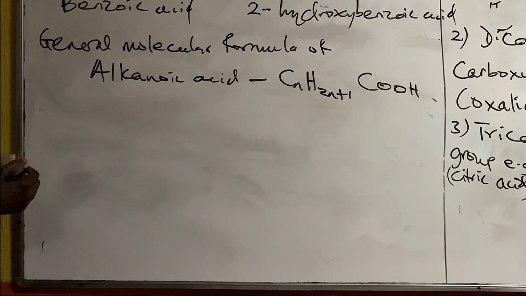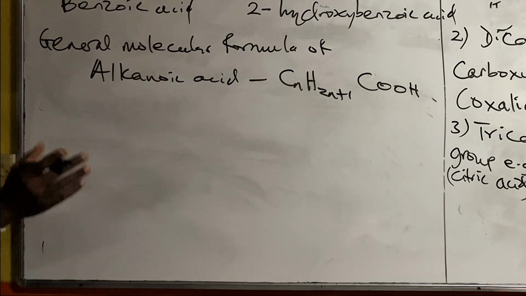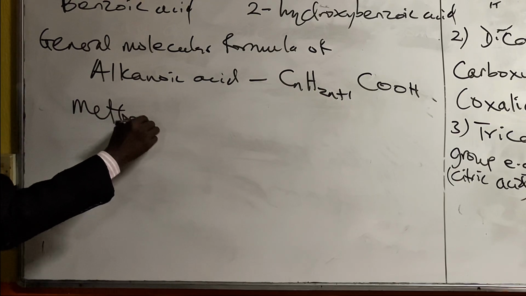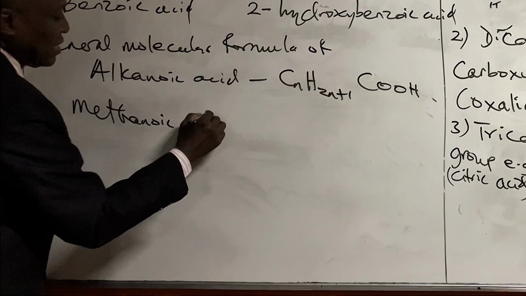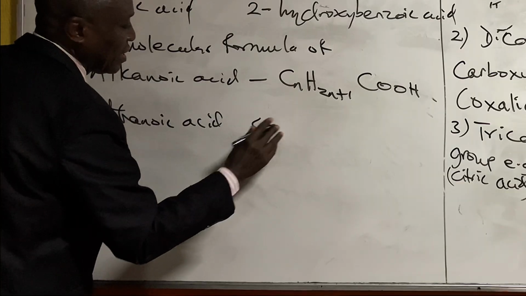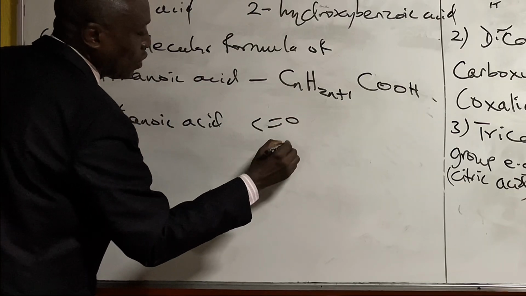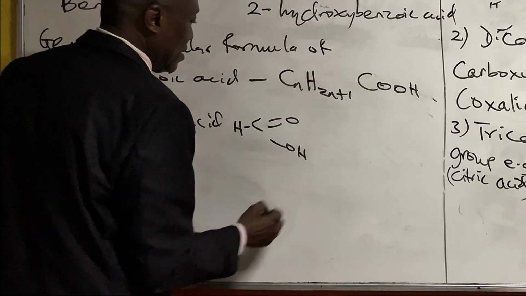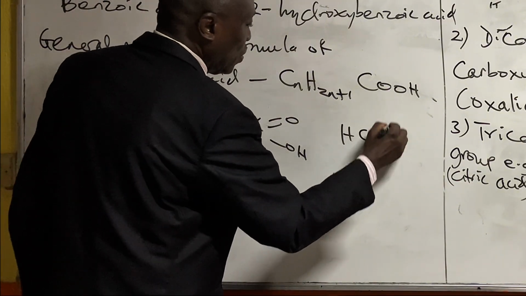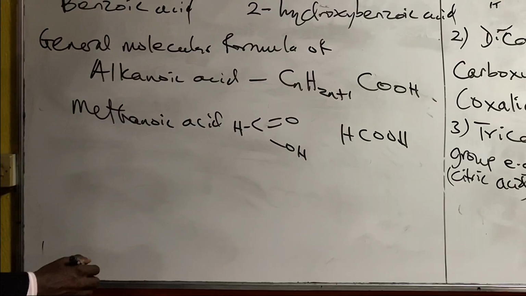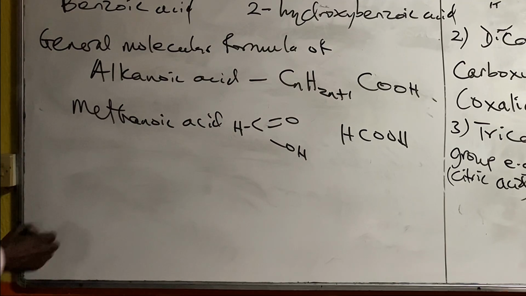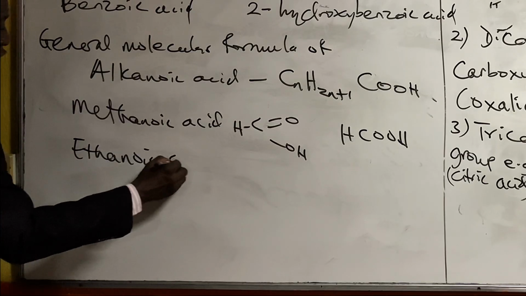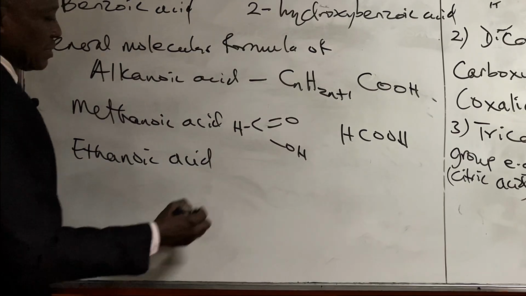Then the homologous series, I will just name four. The first member is methanoic acid, and that is HCOOH. That is the first member of the homologous series. Then we have the ethanoic acid, which we have mentioned in the course of this class.